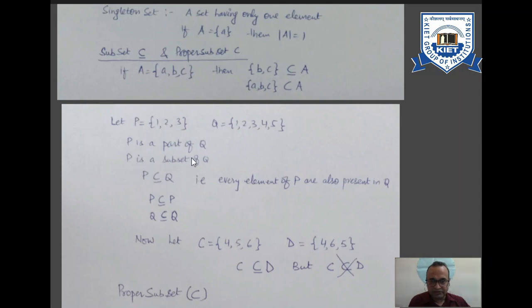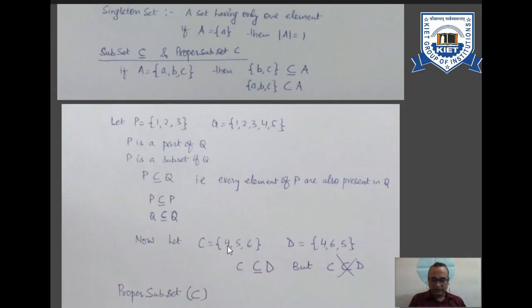So we can say P is a subset of Q, that is, every element of P is also present in Q. So P is a subset of P also. Yes, this statement is also true. If there is some question where P is a set and we write that P is a subset of P, its statement is true. Q is a subset of Q itself. Yes, this condition is true.